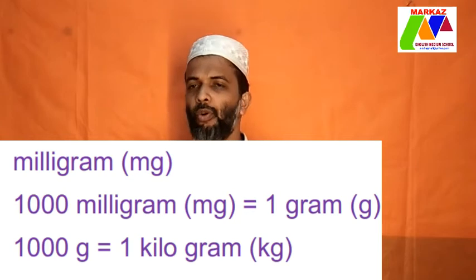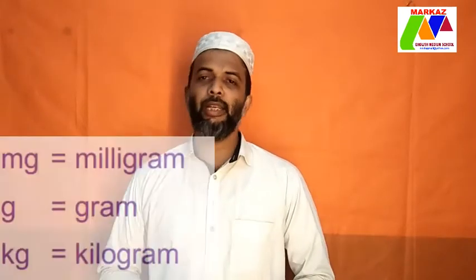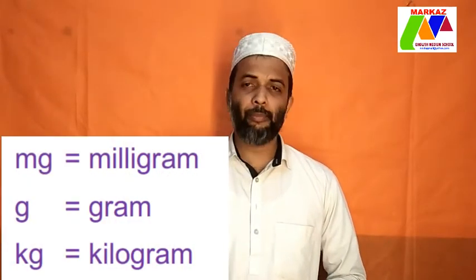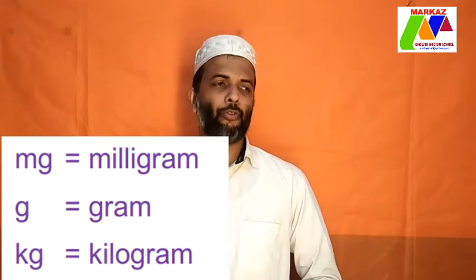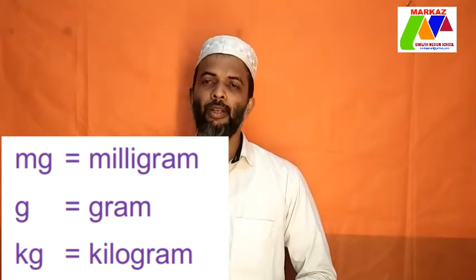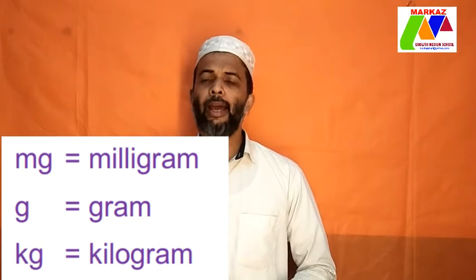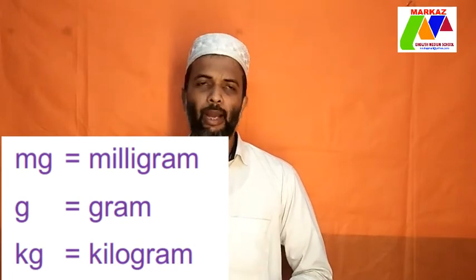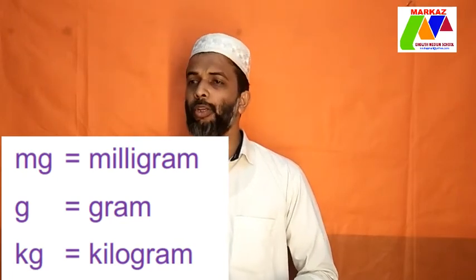Mg stands for milligram, g is the short form of gram, kg is the short form of kilogram. Children, you can convert grams into kilograms and kilograms into grams, as we converted meters into centimeters and centimeters into meters.